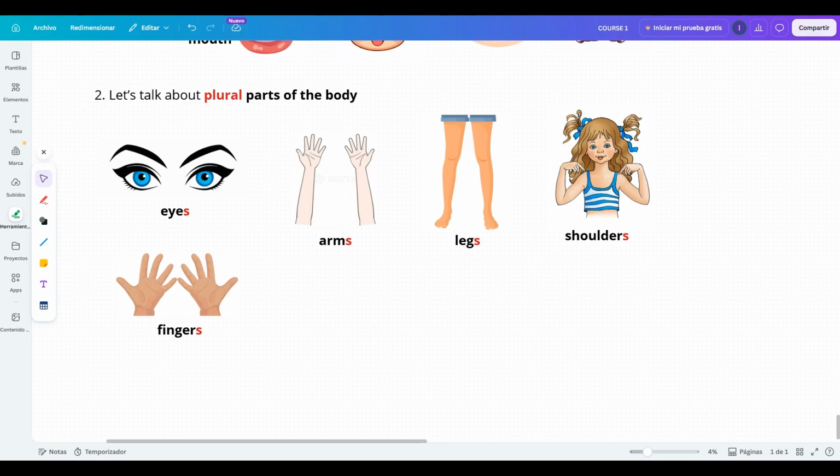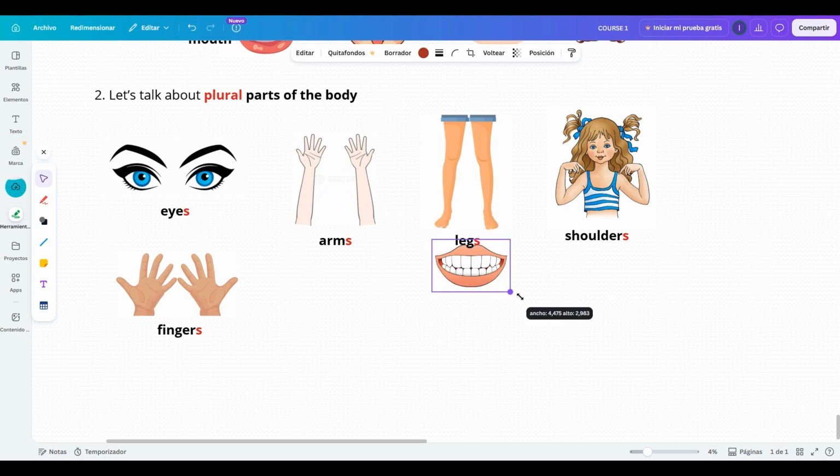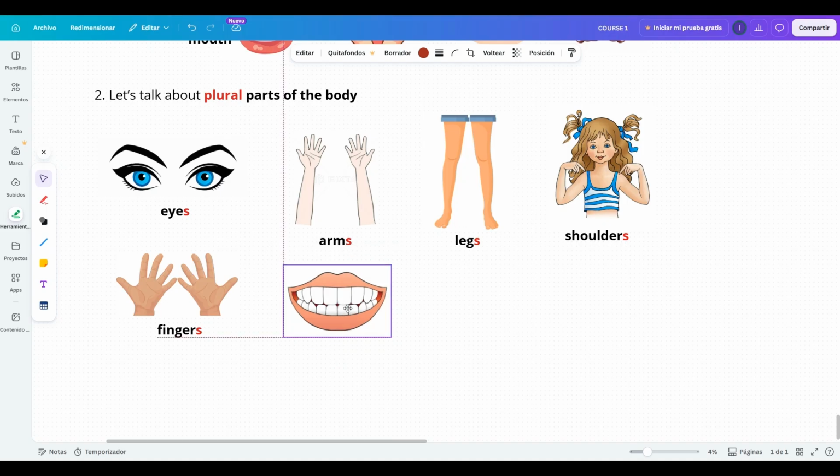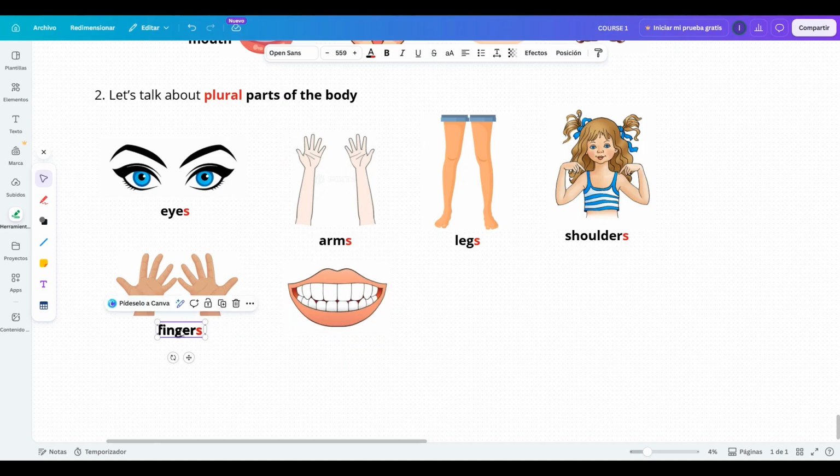Showing the teeth. Look at this picture. For making plural nouns, we usually add s, es, ies, but there are some irregular ones where we don't add s. We just say tooth becomes in plural the word teeth.